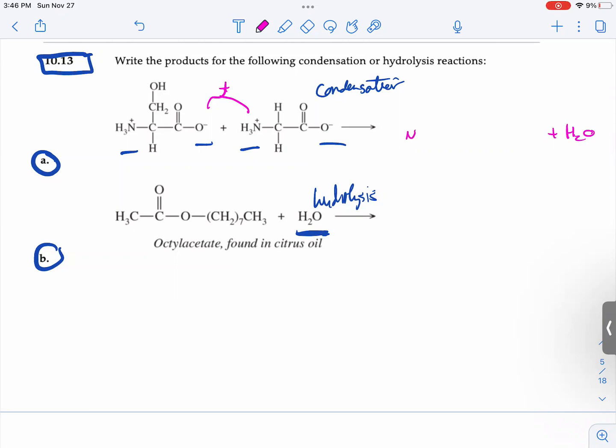So let's draw our structures here. Let me move this water out of the way. So we're going to have our structures. All right, we have our hydrogen, we have our functional side chain, we have our other. So I've drawn most of one of these amino acids. And so what's going to happen is 2 of these hydrogens and this oxygen are going to get together and make a water.